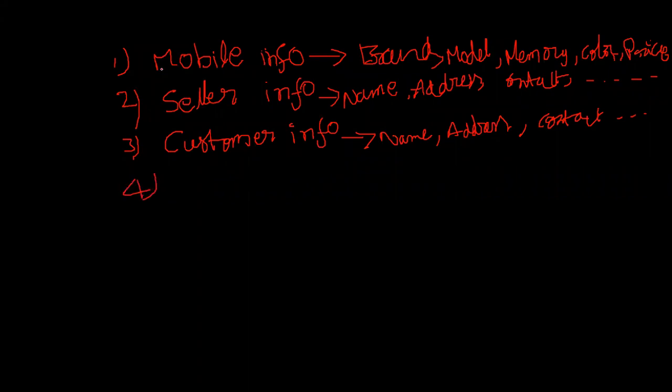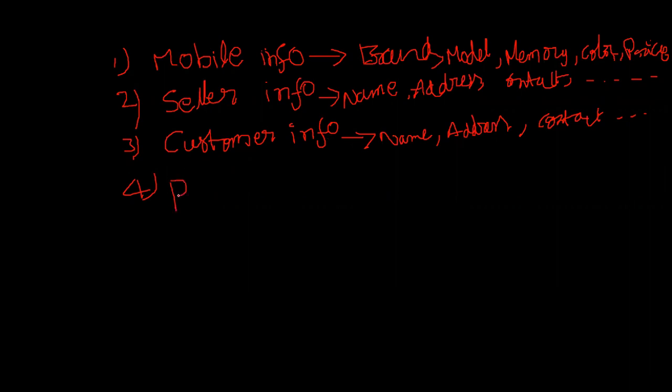So when the seller has listed their mobile on Amazon and the customer makes a purchase, then we need to consider the data of that purchase also, that transaction. So what kind of data?